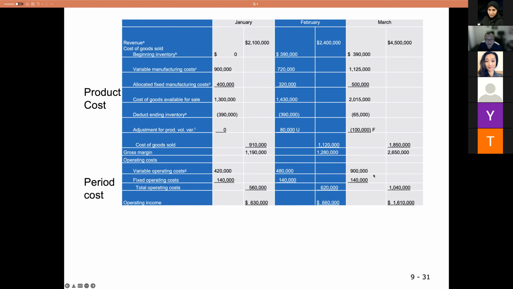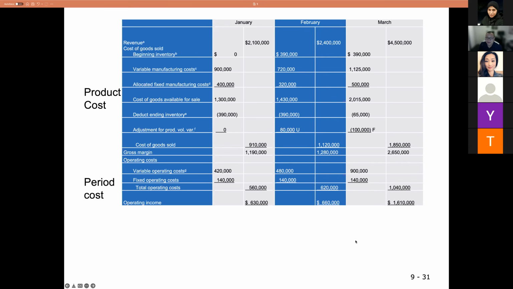Adding these two gives me the total operating cost, and the difference is my operating income. So for January, my operating income is 630,000. For February it is 660,000, and for March it is 1.61 million.